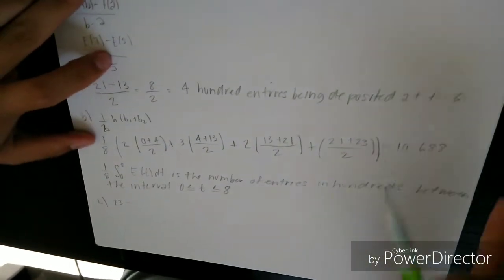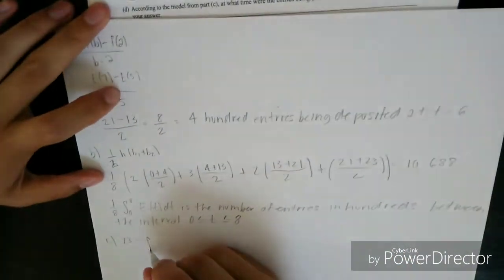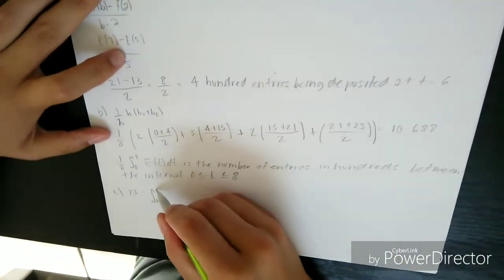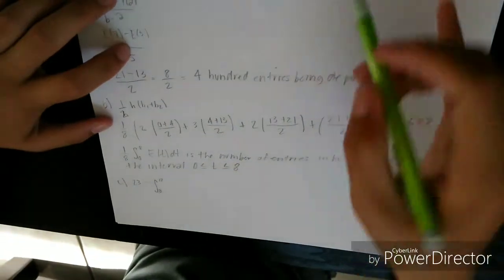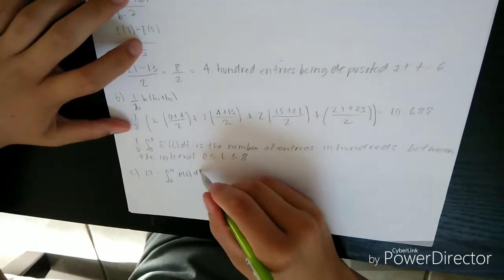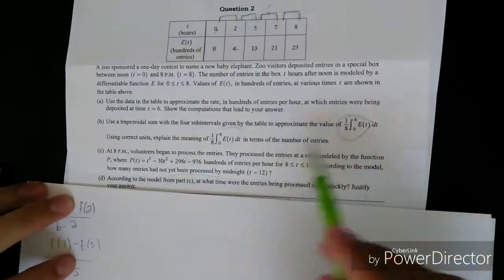So we are going to need to integrate P of t from 8 to 12, because that is what we are given. Those are our intervals.